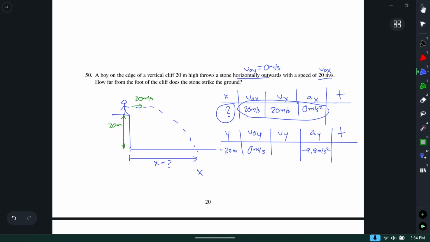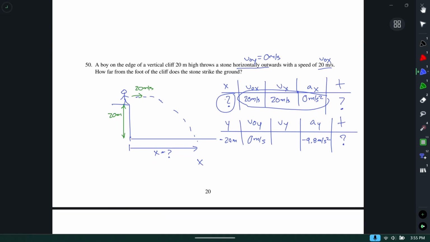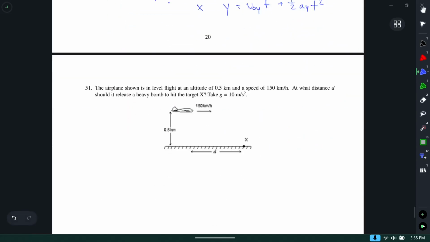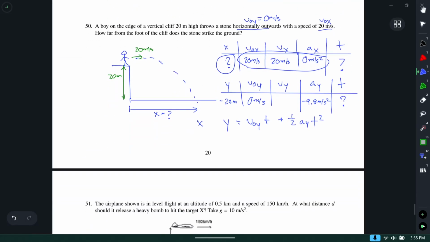But that's okay, because I've got my y motion stuff. That's going to let me find the time pretty easily. The equation that'll be best for that is probably this one. And you can see this is sort of reading similar to our first attempt of this problem. My initial y velocity is 0.